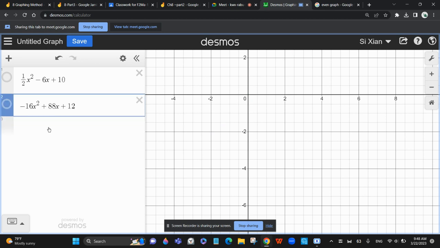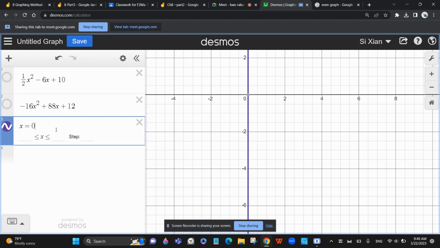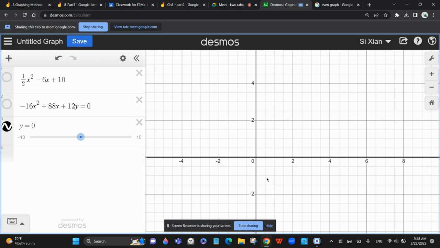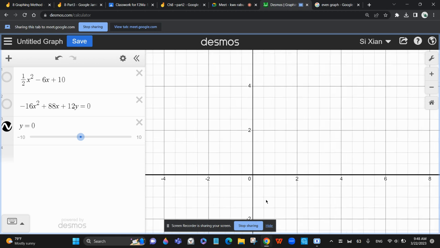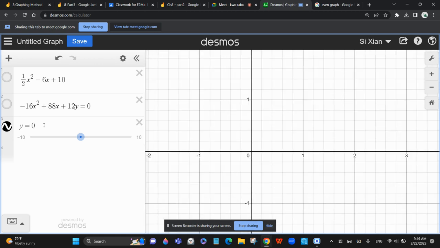For example, if you have the function y equals 0, this one is a linear function that is even, right? Because it is symmetry through the y-axis.